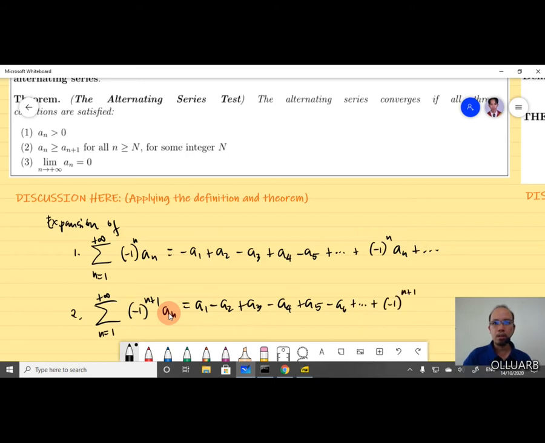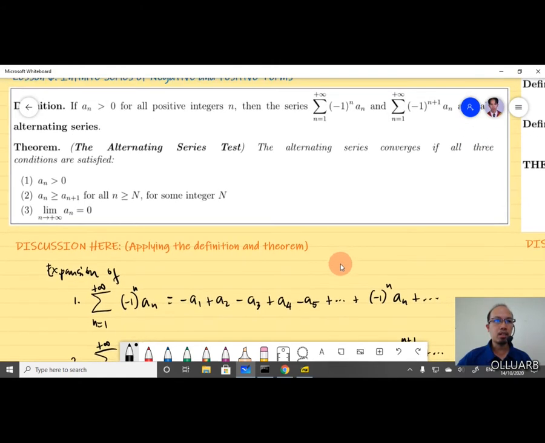Clearly the given series is alternating. This is what we mean by an alternating series.